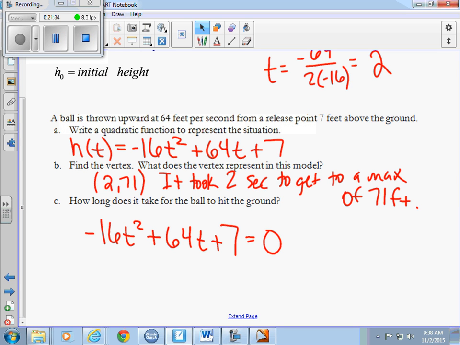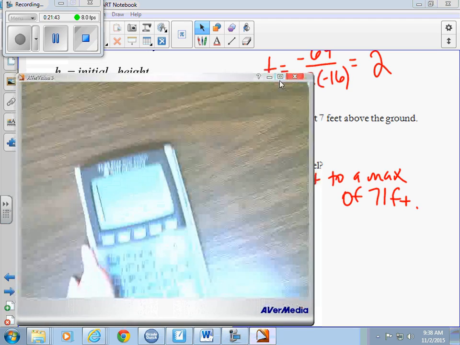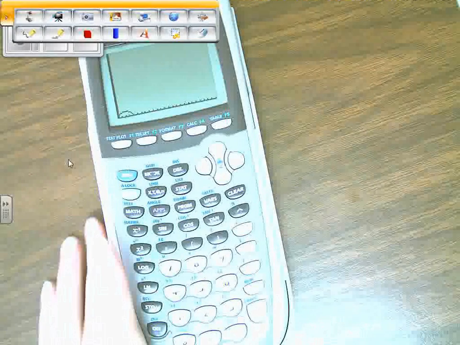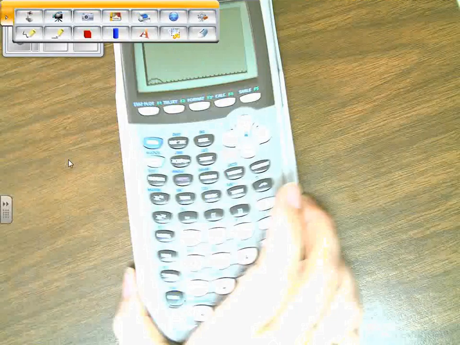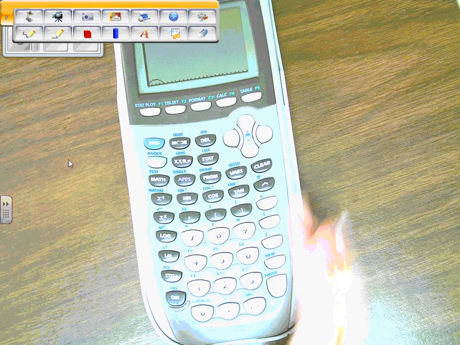My window is still set for that huge parabola, remember? So there's a reason I'm only seeing a little bitty one, so we probably want to change our window. 0 to 25 is probably still fine, but I'm going to go ahead and do negative 10 for the y minimum, and then what was the top point of my parabola? 71, so to 80.